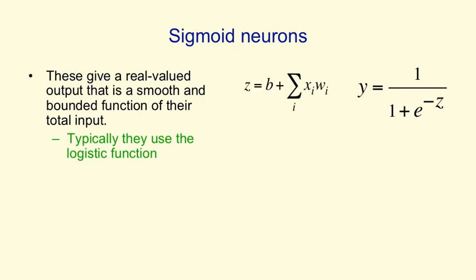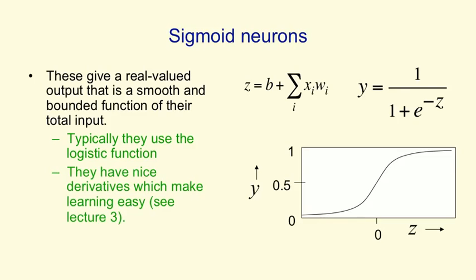The output for a logistic neuron is 1 over 1 plus e to the minus the total input. If you think about that, if the total input's big and positive, e to the minus a big positive number is 0, and so the output will be 1. If the total input's big and negative, e to the minus a big negative number is a large number, and so the output will be 0.